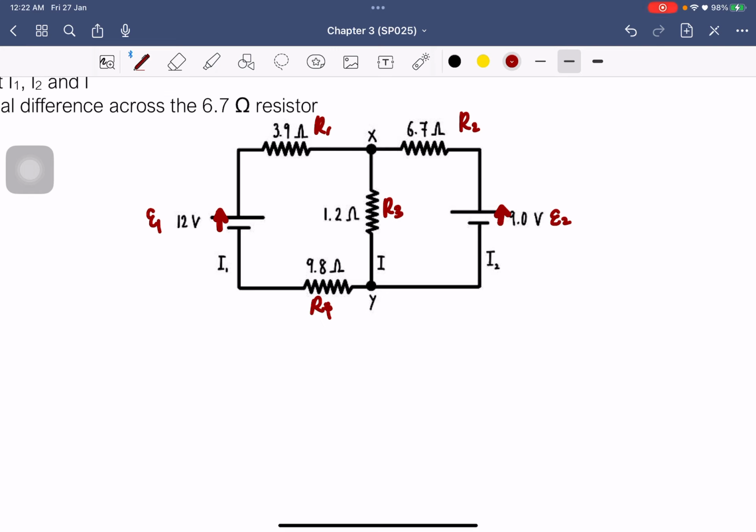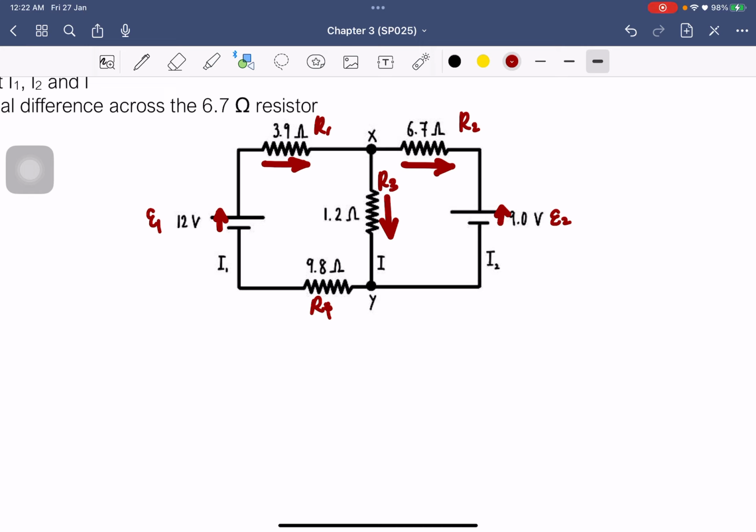Now we have to draw the direction of current. So positive to negative is going to be here. Then it splits off here. And then this is I. They've labeled it for us.